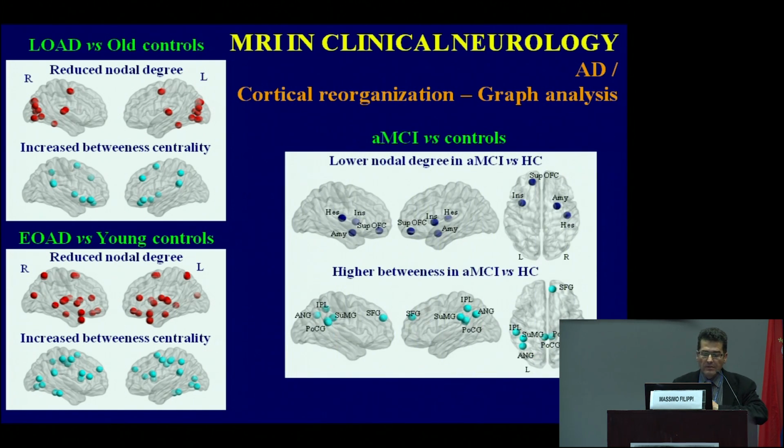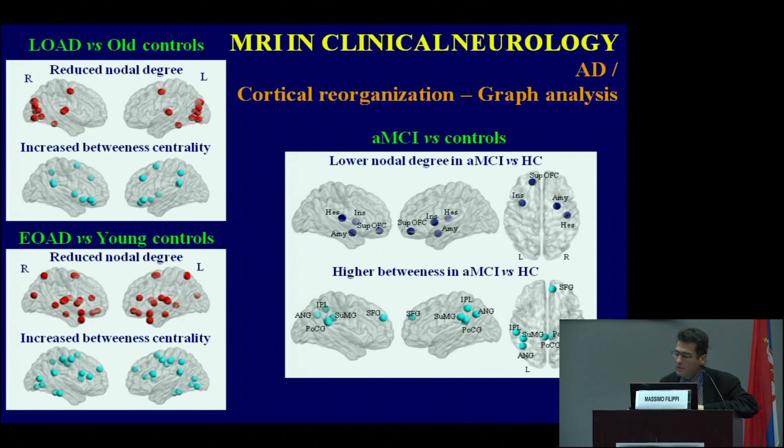And by the way, we have a very similar pattern of changes in terms of graph theory analysis in the brain of patients with amnestic MCI, where again we do have abnormal connectivity, especially in the frontotemporal regions, and an increased short-range connectivity in the parietal areas.